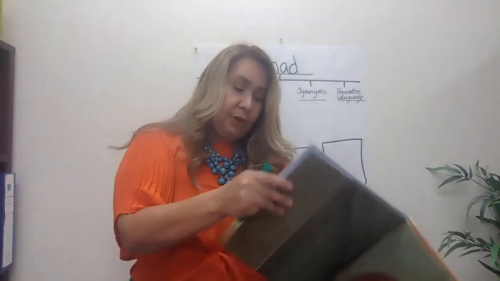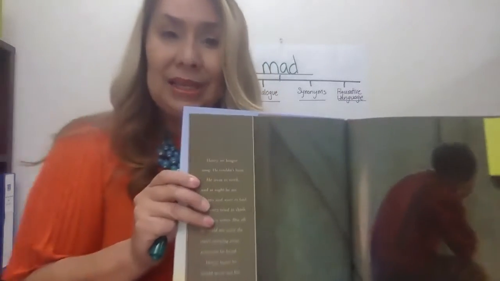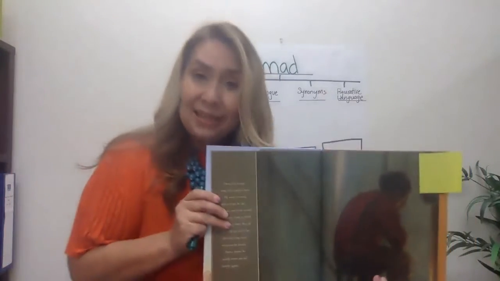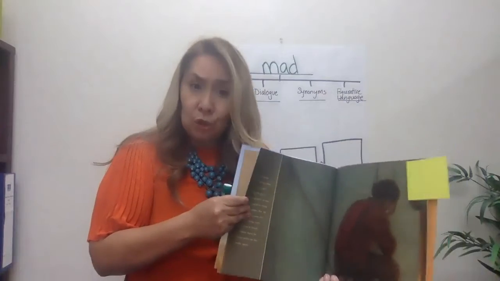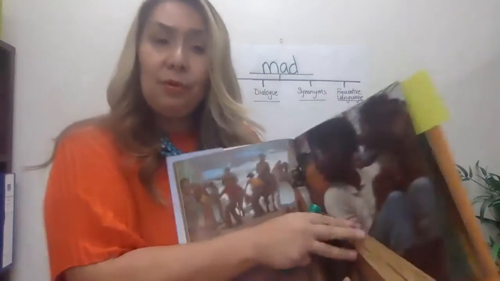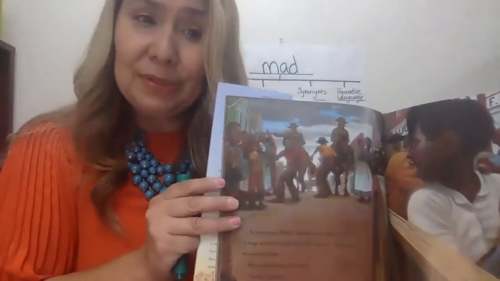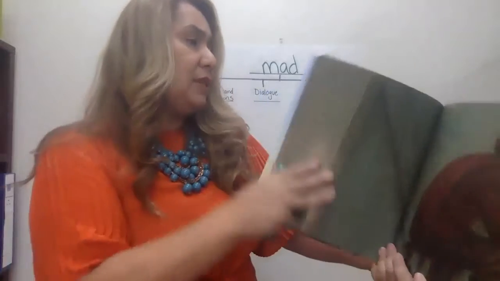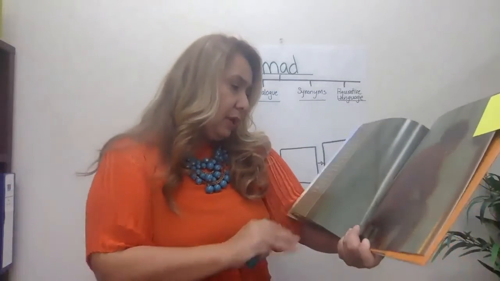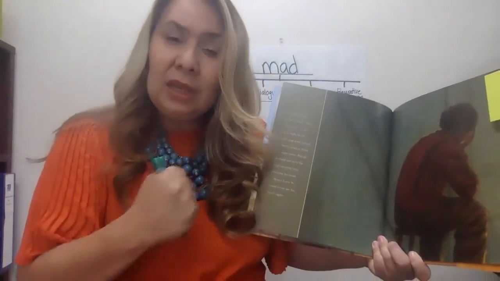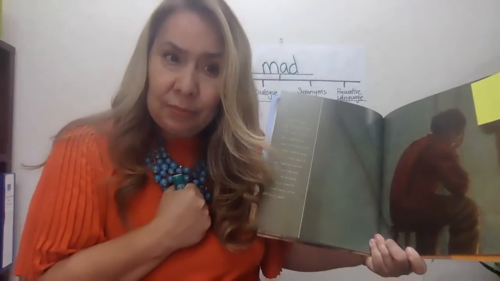In Henry's Freedom Box, when his family was taken away and sold, and he was never going to see them again, he sat alone, quiet, and his heart beating fast. He's just heartbroken, mad.